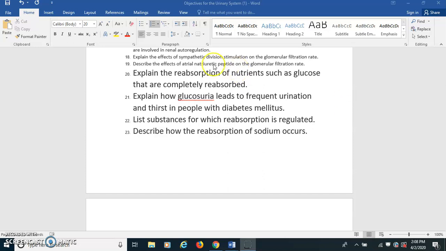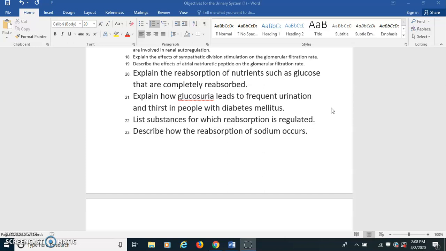So the first two objectives here, we're going to talk about the reabsorption of substances in the blood that get completely reabsorbed, like we want to reabsorb all of them and not let any of them enter into the urine.